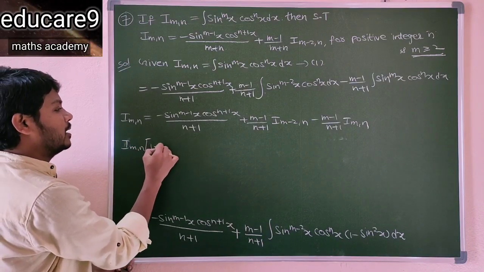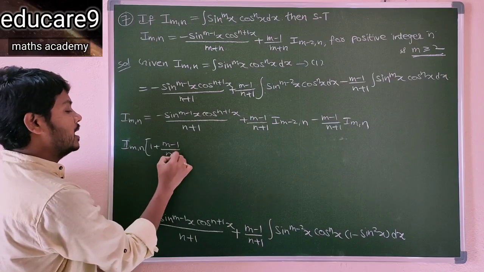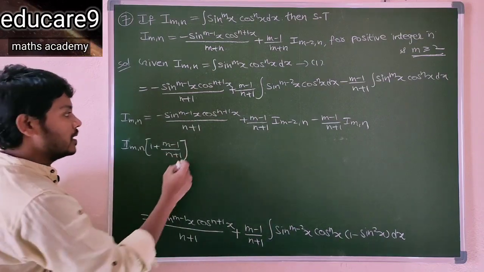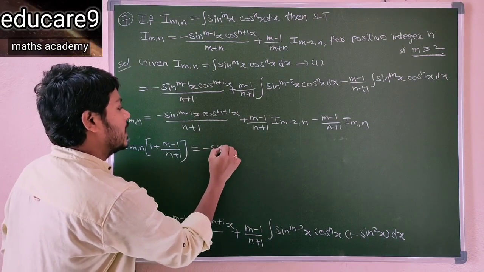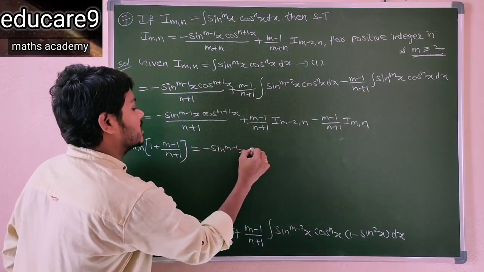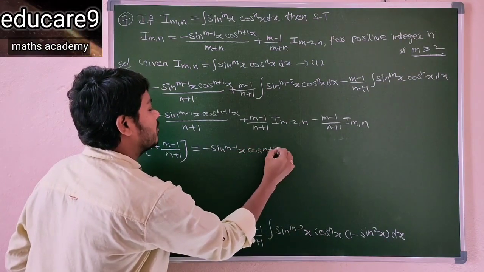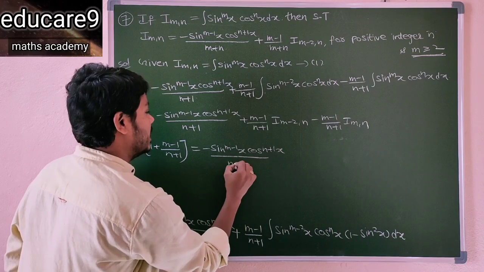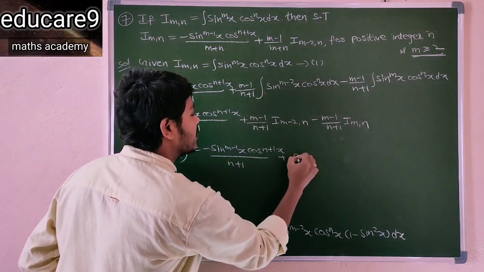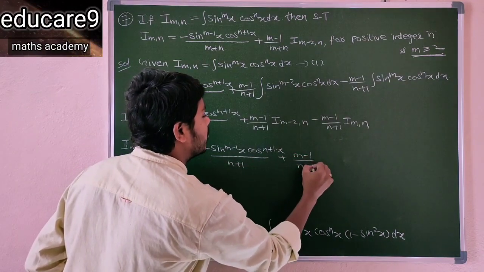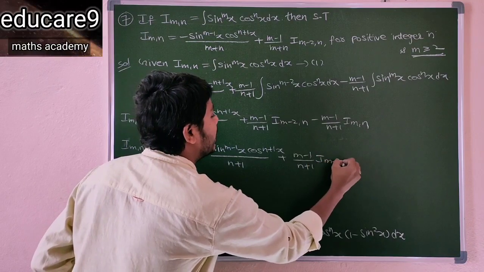What you get? 1 plus m minus 1 by n plus 1 is equal to minus sin^(m-1) x cos^(n+1) x divided by n plus 1, plus m minus 1 by n plus 1 I(m-2,n).